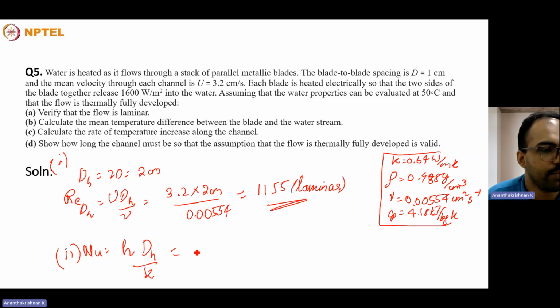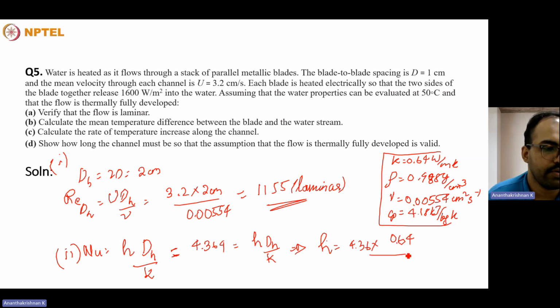So with respect to the hydraulic diameter, we could write the Nusselt number equal to 4.364, equal to h times D hydraulic divided by K. From this, h is equal to 4.364 times K, which is 0.64, divided by the hydraulic diameter, which is 0.02 meters. That is equal to 140 watt per meter squared Kelvin.